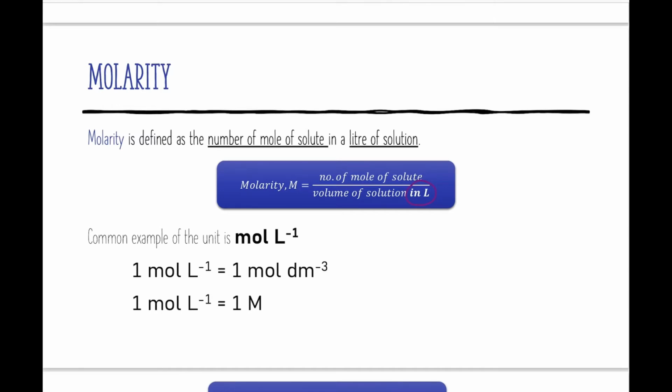Common example of the unit is mole per liter, where 1 mole per liter is equals to 1 mole per decimeter cube, as well as 1 molar. This capital M is pronounced as molar, it is the unit of molarity.